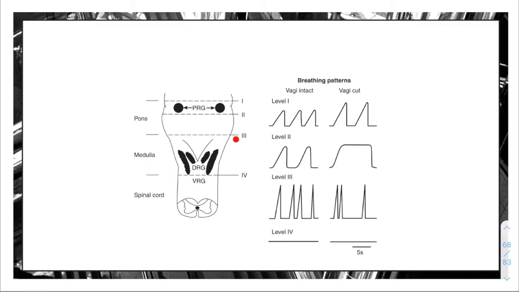When you transect at level 3, a pattern of inspiration and expiration is maintained, although it may seem irregular, even if all the other afferents to this area, including the vagus, are also severed.